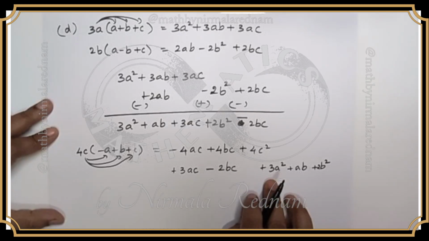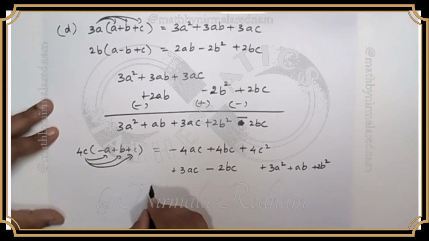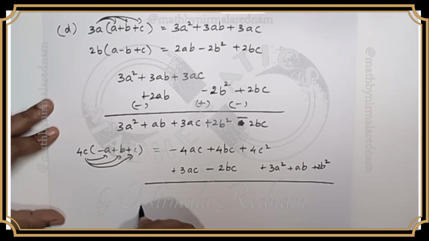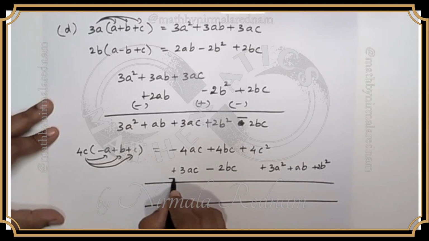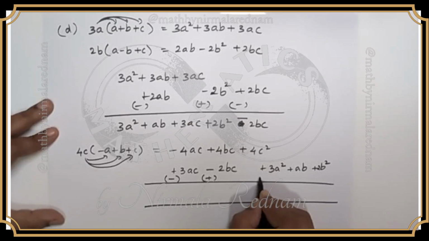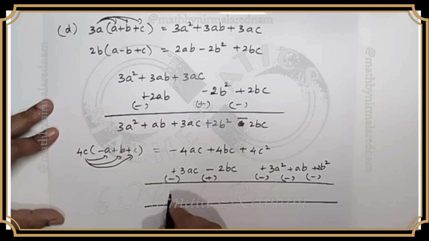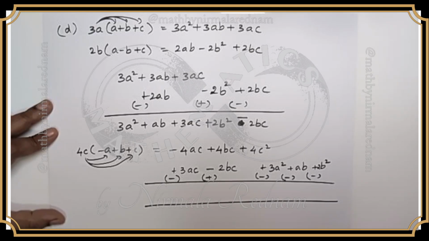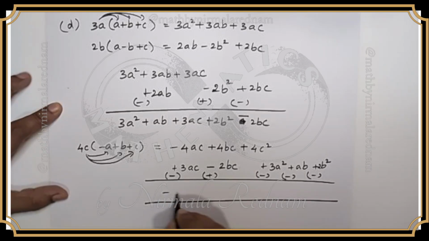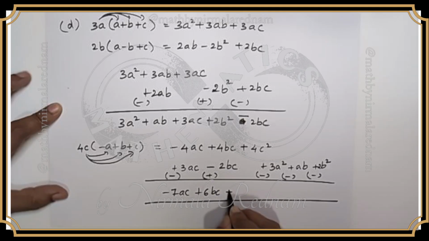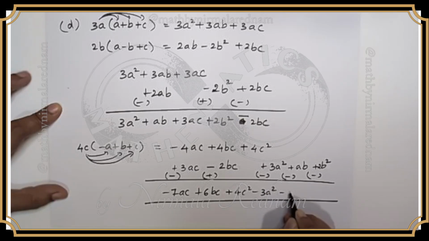Okay, so this is my expression, and now because this is a subtraction, I have to again change the signs, right? So this will give me minus 7AC plus 6BC plus 4C square minus 3A square minus AB minus 2B square.